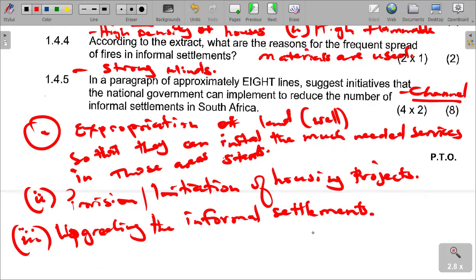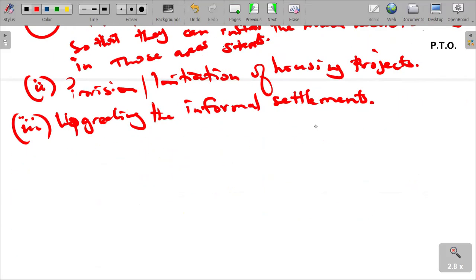It's quite important that the government would come and build better houses in those informal settlements. It can also be a good answer. Upgrading actually improves things there. We can say that upgrading in situ means building better housing for people who are already there in those places.